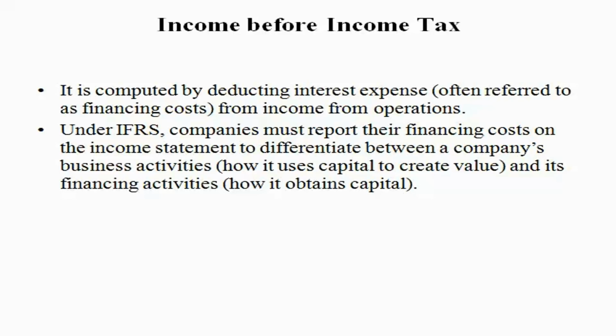Under the IFRS, companies must report their financing costs on the income statement to differentiate between a company's business activity and its financing activities. We want to differentiate between how it uses the capital to create value and how it obtains the capital.